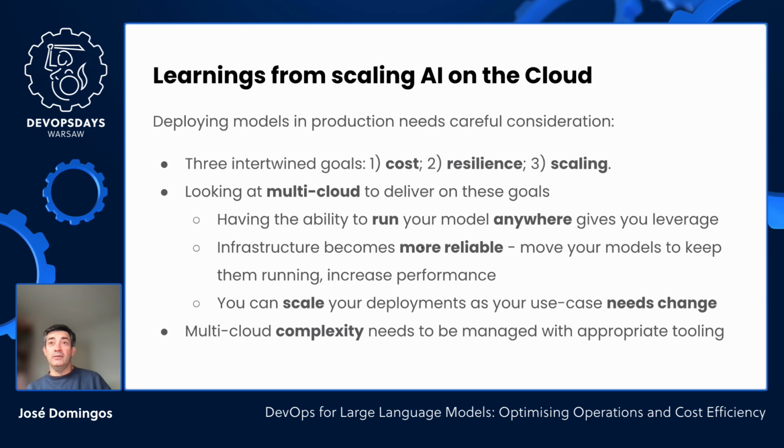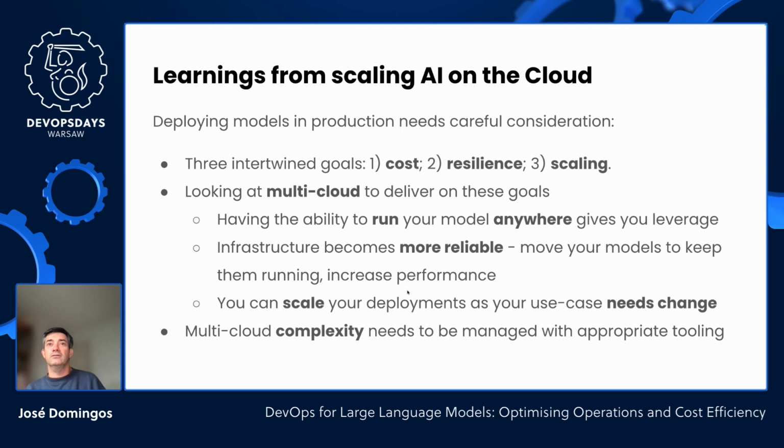Of course, you end up with a more reliable infrastructure if you can run your model anywhere, right? Because if there's a problem with one set of infrastructure, you move your workloads to another set. You also have better scaling because as your use case needs change, you may end up needing more GPUs at a particular point in time, which are not available in your current infrastructure. So you may want infrastructure from elsewhere to run your model.